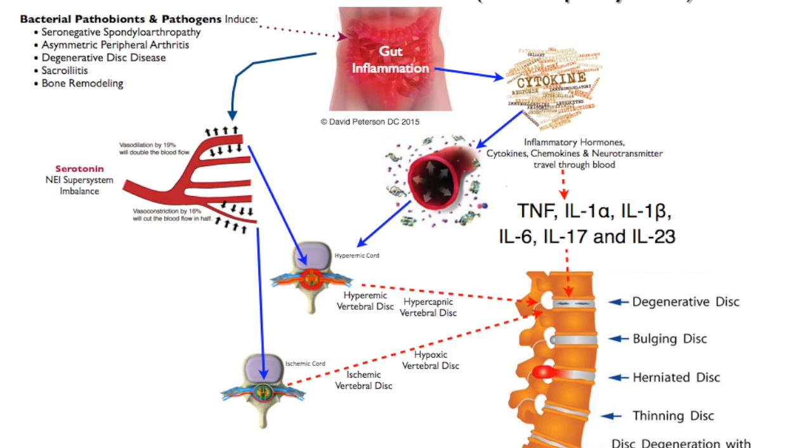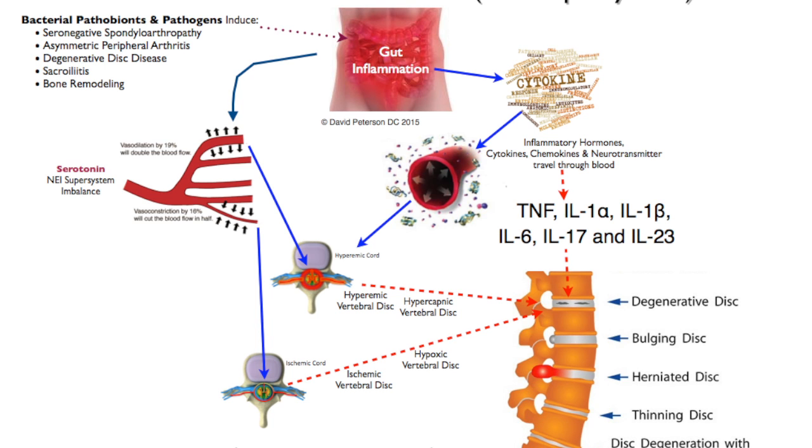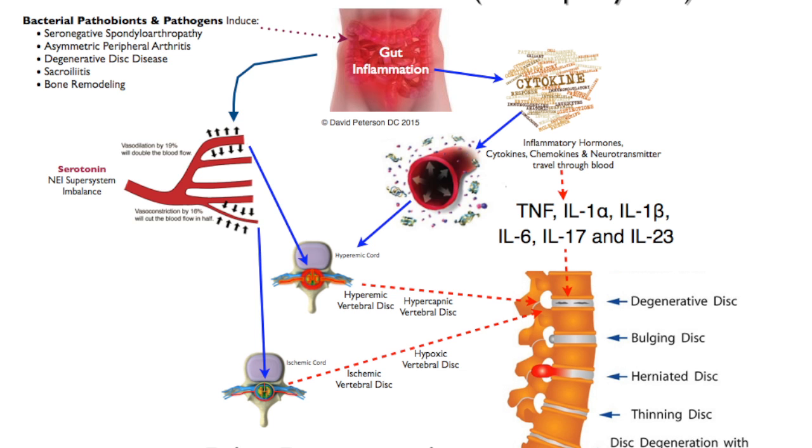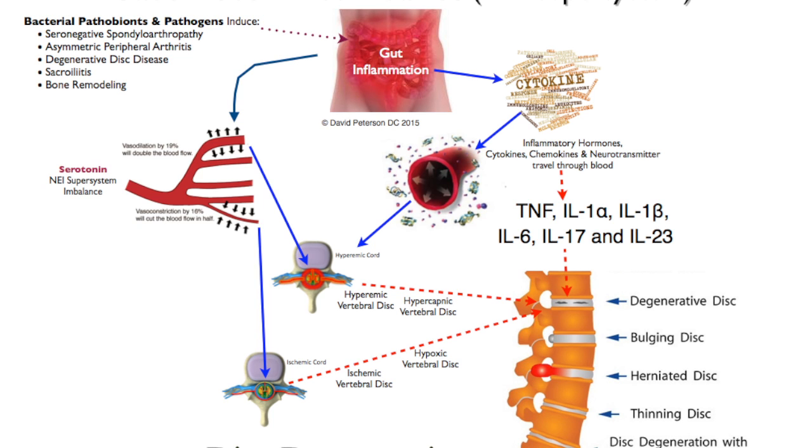Intervertebral disc degeneration is characterized by increases in the levels of pro-inflammatory cytokines TNF-alpha, IL-1, IL-1B, IL-6, IL-23, and IL-17 secreted by the intervertebral disc cells. These cytokines promote extracellular matrix degradation, chemokine production, and changes in the intervertebral disc.